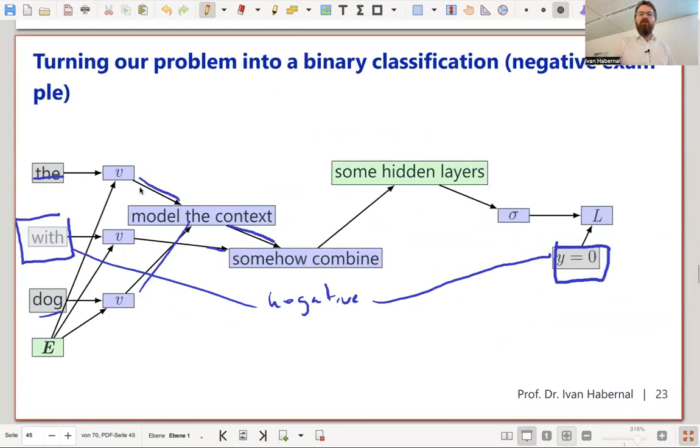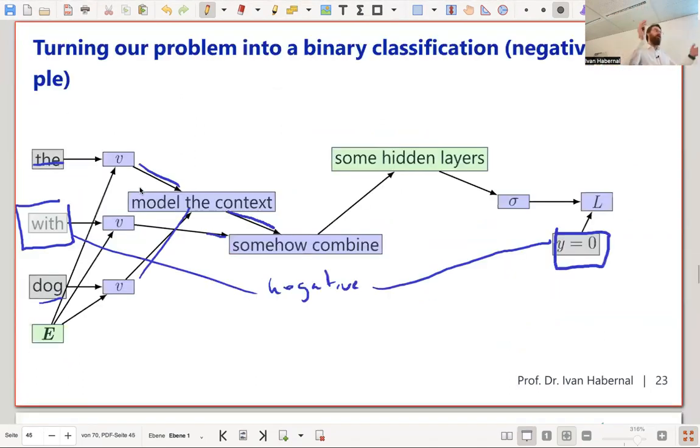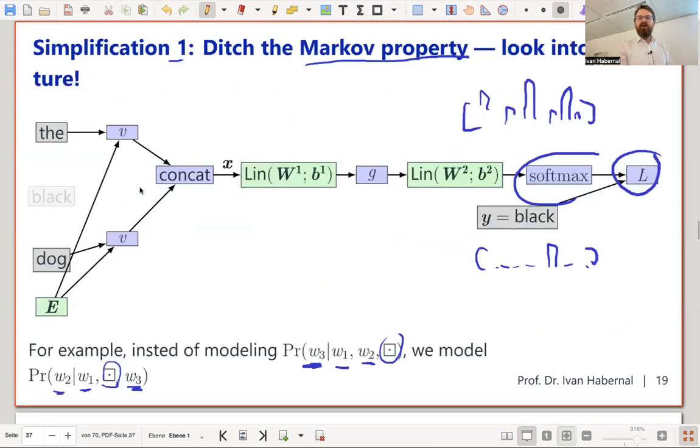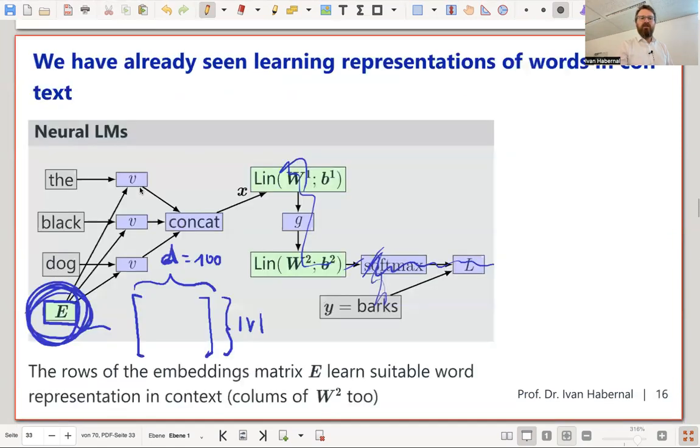All right, so this is how we're going to build it, not theoretically, but with some simplifications. Remember what we did here: we had a neural language model with previous words and the next word, which we concatenated and used two hidden layers and softmax to predict a probability distribution over the vocabulary, to predict the next word. The correct label was "bark", so a one-hot encoding.